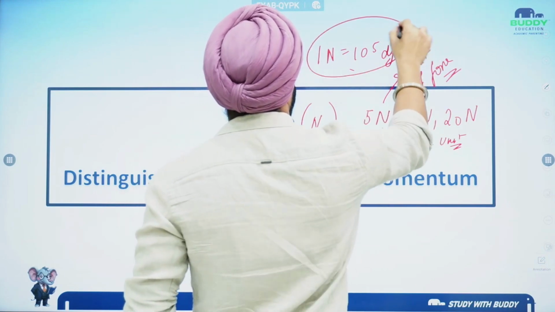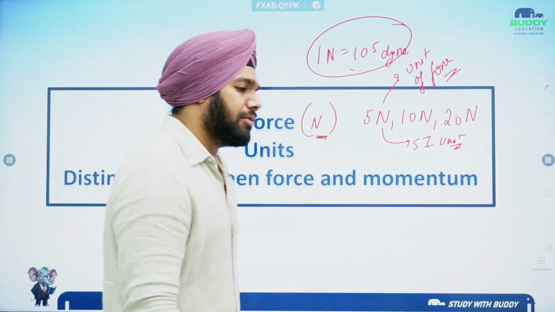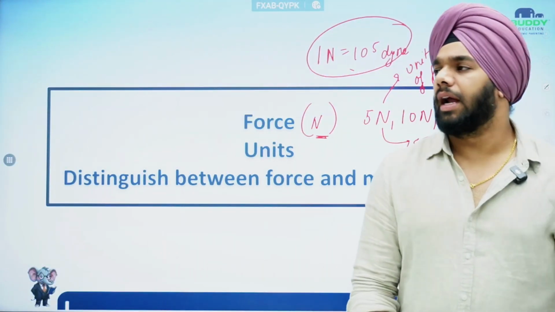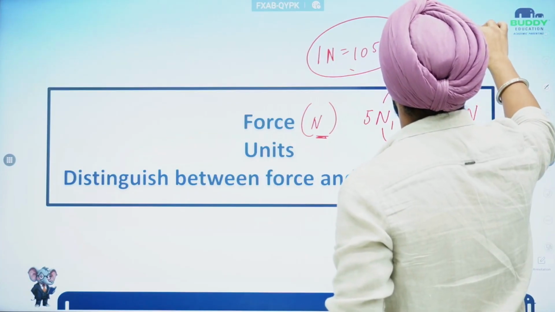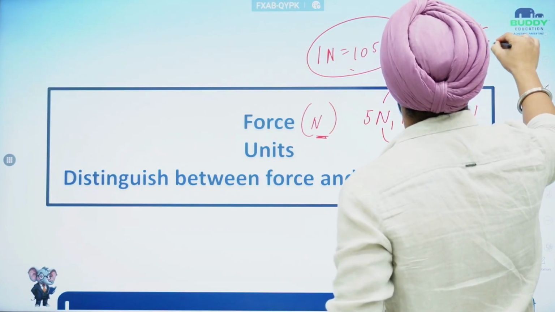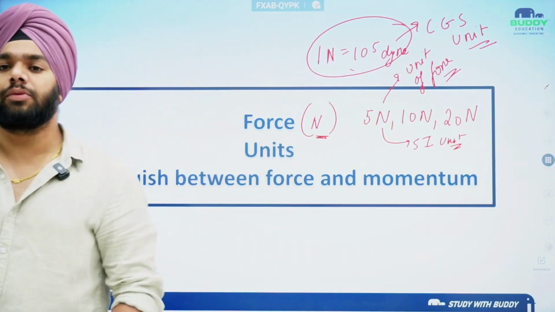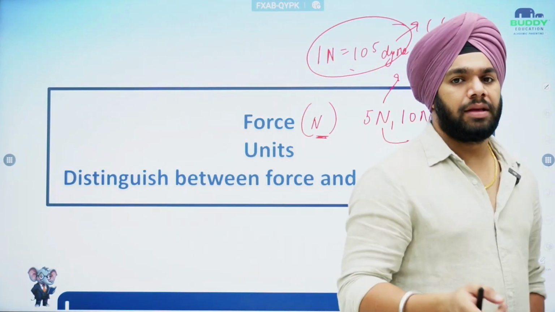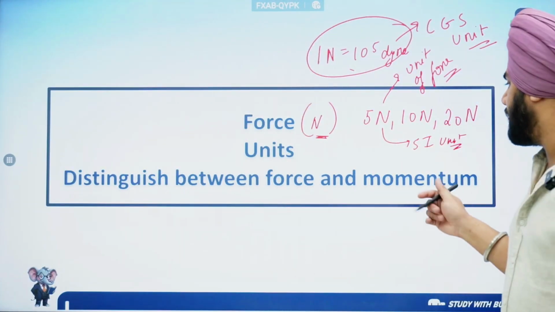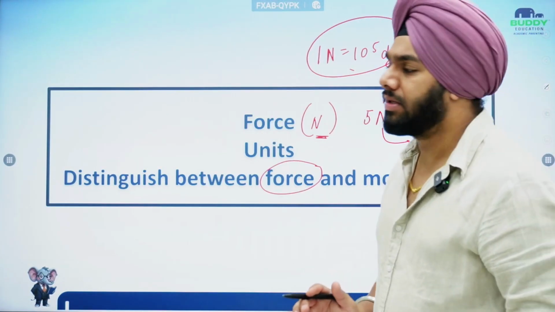So normally it is dyne basically. 1 Newton is equal to 10 to the power 5 dyne, right? And dyne is the CGS unit, okay? CGS means centimeter, gram, second, and Newton is the SI unit, which is applicable everywhere, okay? So when we discuss the force and momentum, at least we should be clear with the units, right?